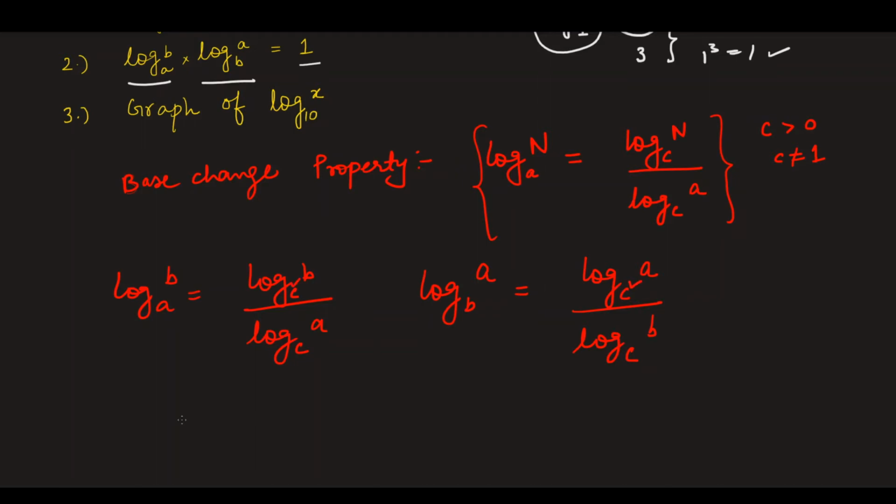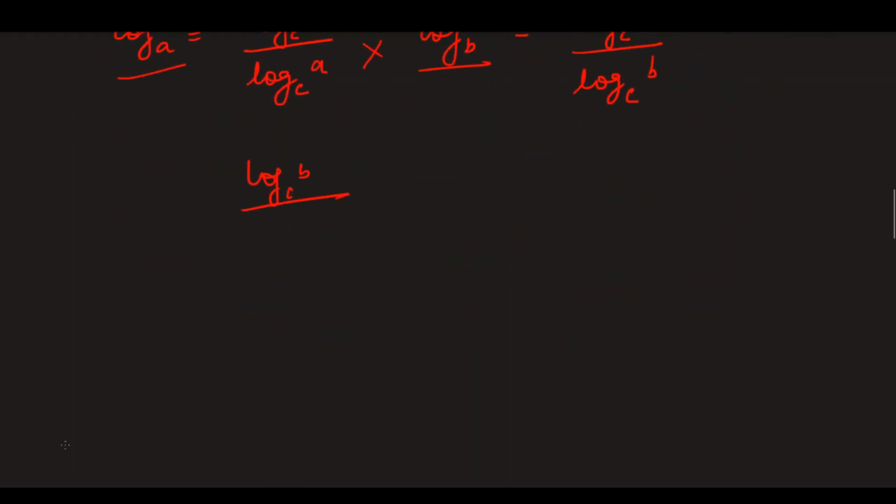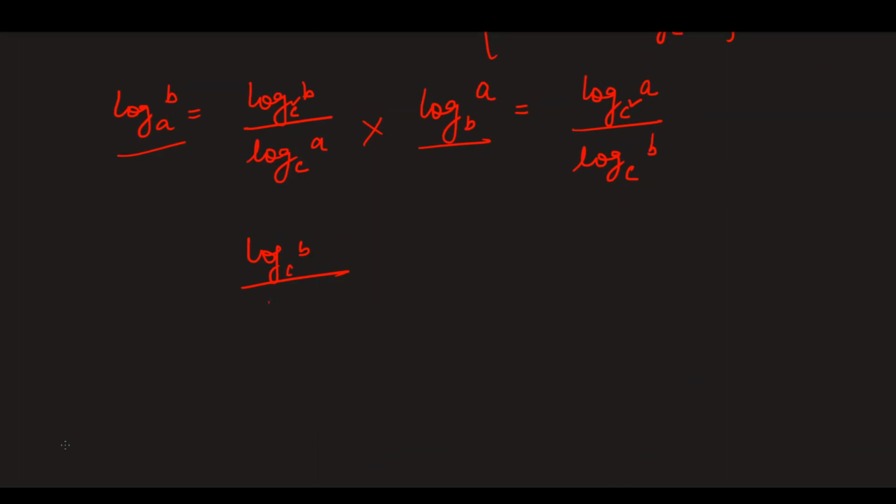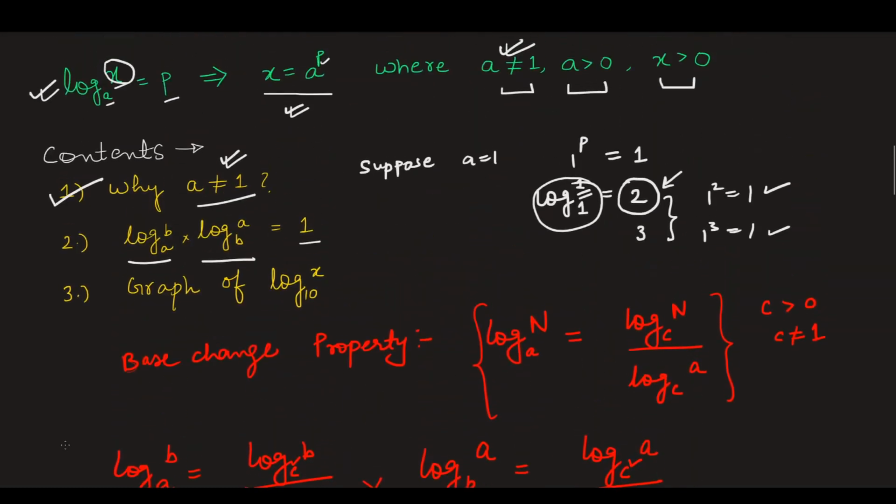Now just multiply these two and we will get log of b to the base c upon log of a to the base c into log a to the base c upon log of b to the base c. See, all these terms cancel and we are left with only 1. Hence this is true and it is a good result. So the base change property is really nice and it has wide application, so you should learn it.